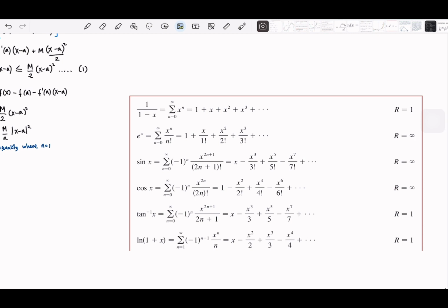We take the f, take the derivative, maybe 2 or 3 or 4 derivatives. For the Maclaurin series, take x equals 0, and that will be the coefficient. And then we put into the component, remember the Cn, our Cn now is f^(n) of a over n factorial, or in Maclaurin it will be a equals 0. So we put all in that coefficient, and we put in the pattern, and then we conclude the series.